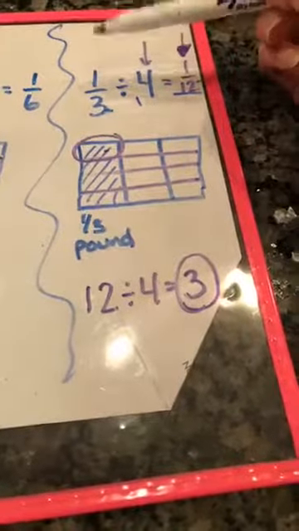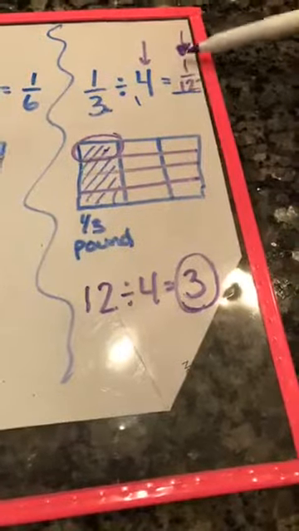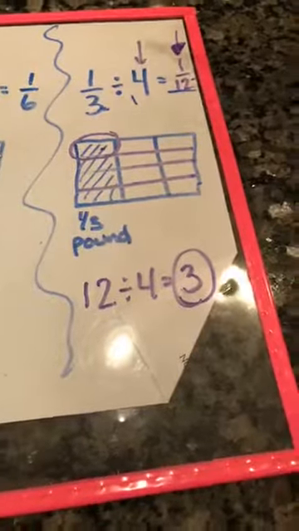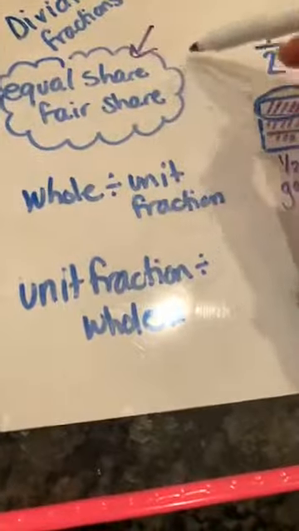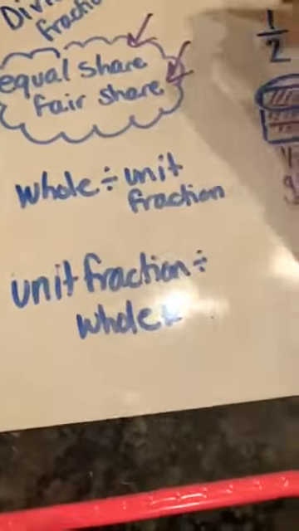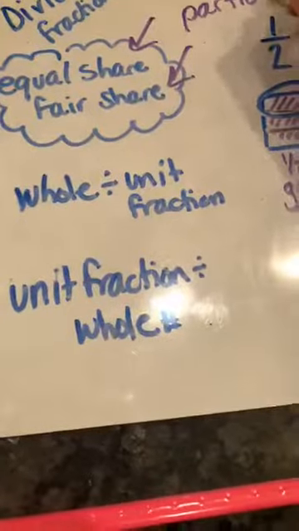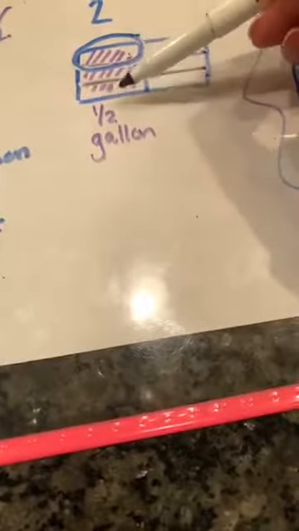You're taking a certain amount and you're dividing it equally to determine how much is in each group. And that's it. So remember, in 5th grade, we focus on 2 things. We're really focusing on equally sharing, fair share. We work with that term partition, because when we partition, we are breaking them up into smaller groups.